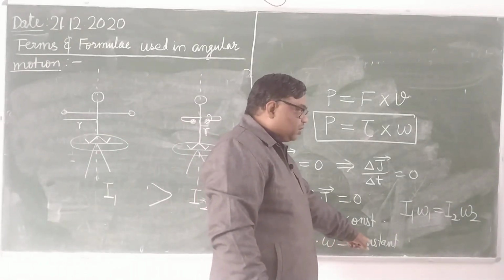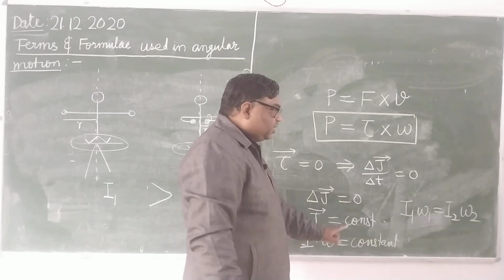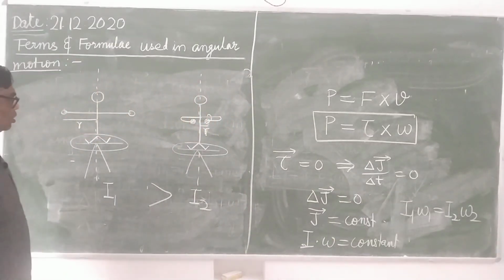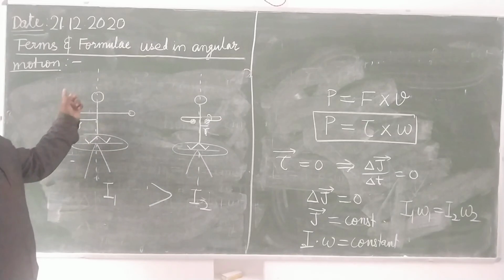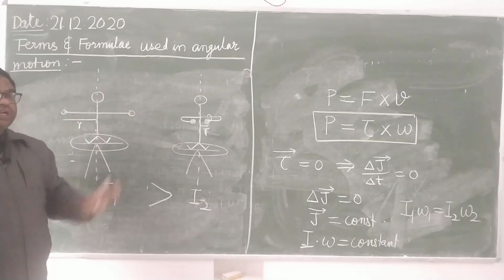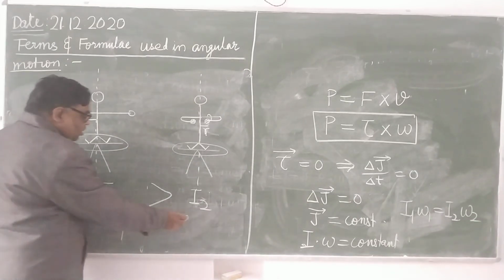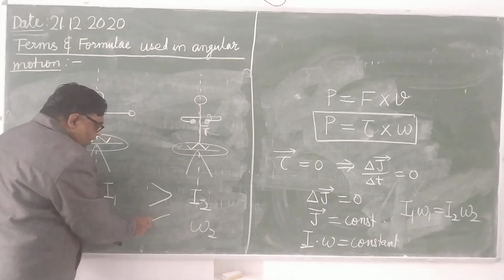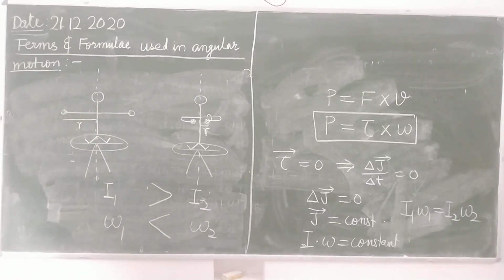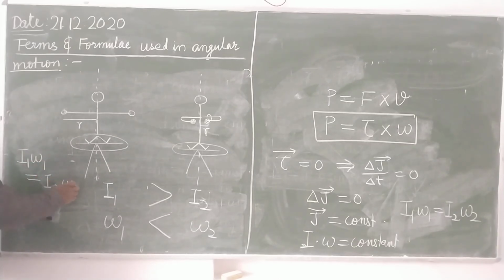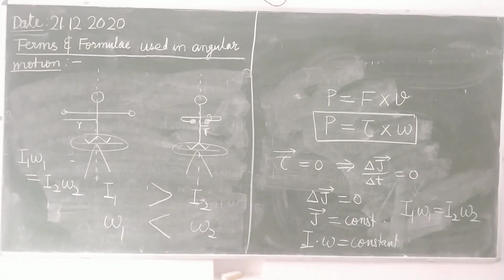Product of I and omega will remain conserved. So we will find that the table will start rotating with a greater angular velocity. Here suppose the velocity is omega 1, here it is omega 2; the table will rotate with the greater angular velocity, or I1 omega 1 will be equal to I2 omega 2. So in the next lecture we will do some numericals over this.